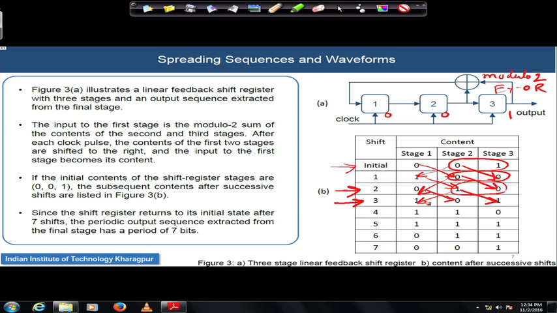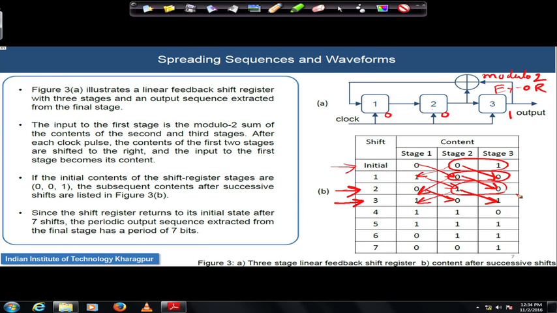So, this way the value stored slowly shifts from one stage to the last stage, and the output is generated from the last stage. The sequence that you are getting will start like this. It was initially 1, so 1 0 0 1 0 1 1 is the sequence, or if you count it after the arrival of the first clock pulse, then it will be 0 0 1 0 1 1 1.